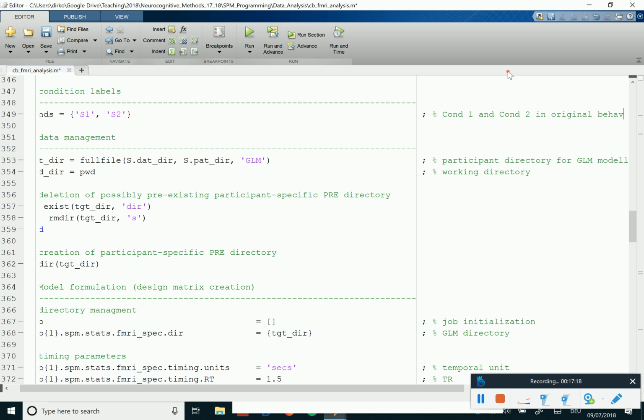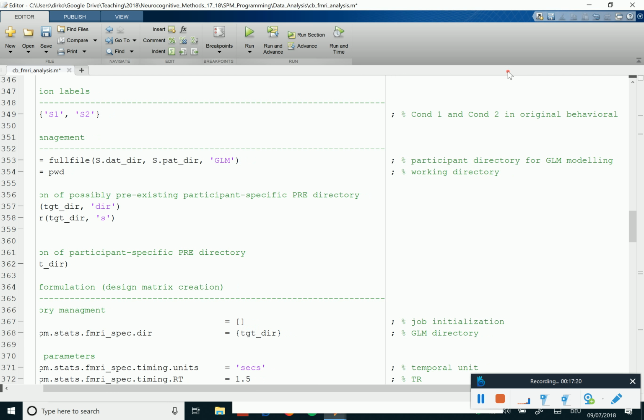Of course, this is not super nice, that they have different names. This was also not the easiest data acquisition ever because we did simultaneous EEG-fMRI, and this was also the first time that I did simultaneous EEG-fMRI, so not all things are perfect. But I could also call them here cont1 and cont2.